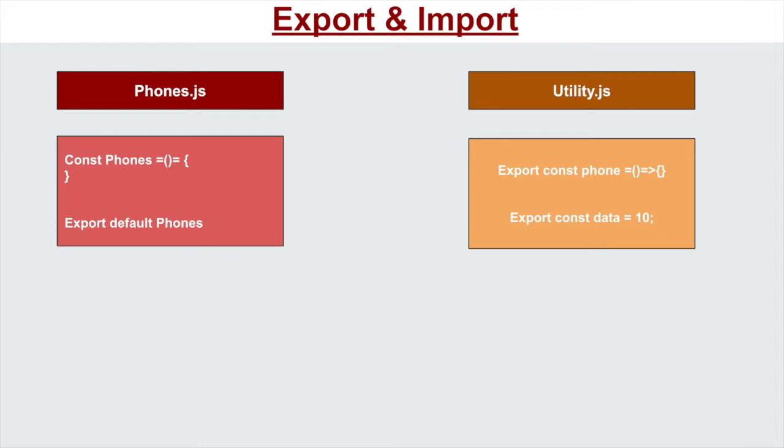In utility.js, which is another separate file, I'm just showing you what types of import and export you can do. The default phones is just from this file; whatever function has this name is the default export of the whole file. This whole phone.js file will be default exported.